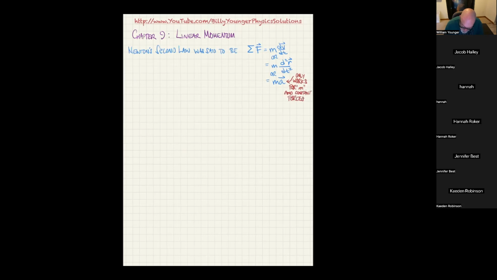So if you have some scenario where you've put all the forces and the mass into F equals ma, and you find that solving for a gives you something that's not a constant, then you know you shouldn't be using a. You should be using d2r over dt squared or dv dt. That's what makes it a differential equation as opposed to just a simple algebraic equation. But that was what we treated as Newton's second law, and it generally is sort of Newton's second law, but what Newton really said was this.